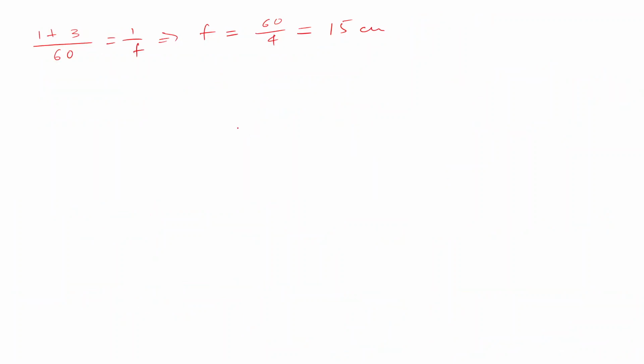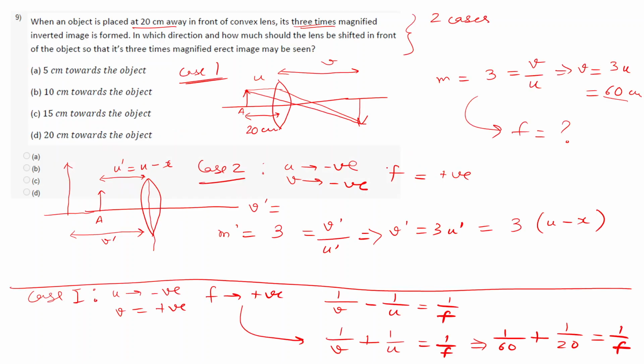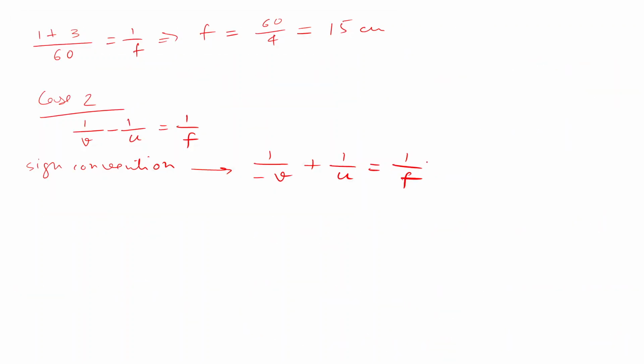So putting this in the lens maker formula for case 2, the lens maker formula, which is 1 by V minus 1 by U is equal to 1 by F. From sign convention, it will be 1 over minus V plus 1 over U is equal to 1 over F. Because U and V are negative, F is positive.